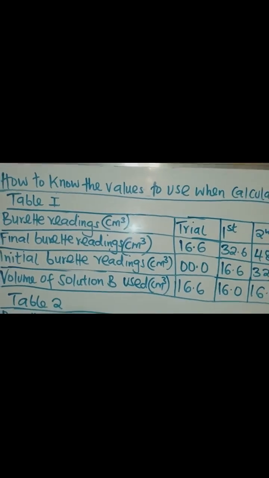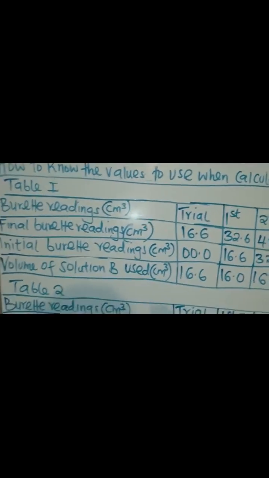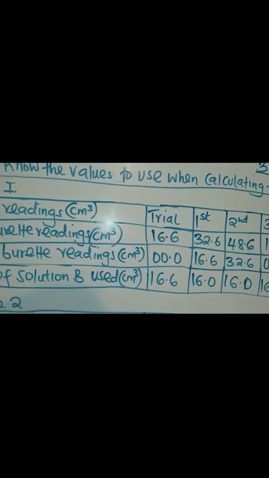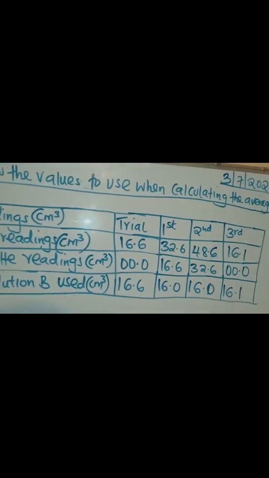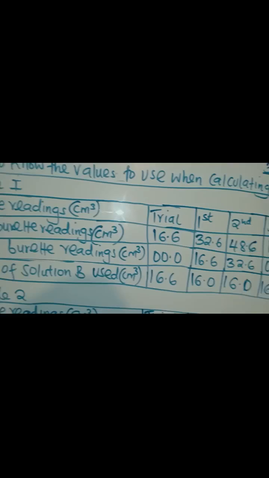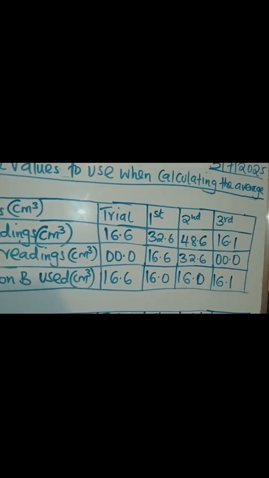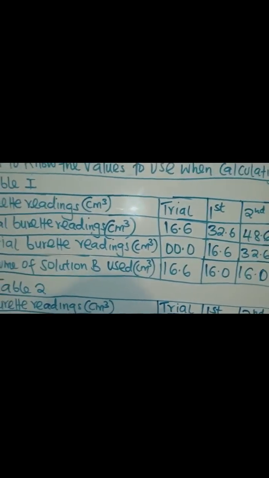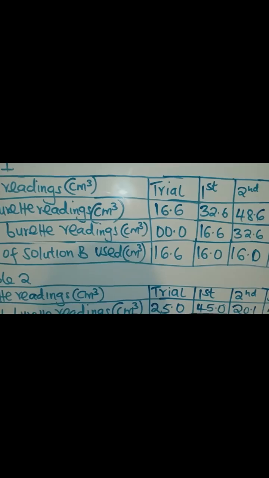procedure. So in our first table, we have the burette readings, the trial, the first, the second, and the third. So let us check the values down here.